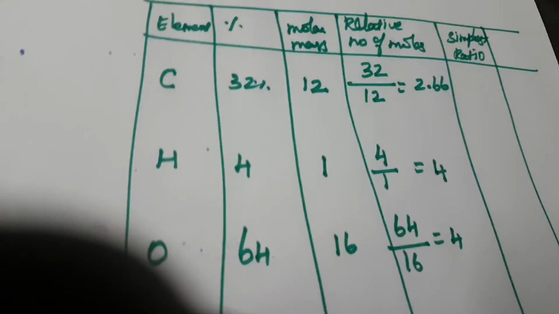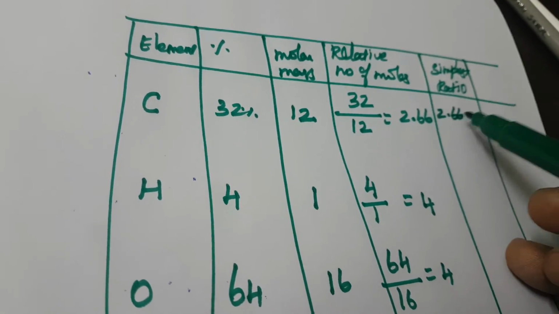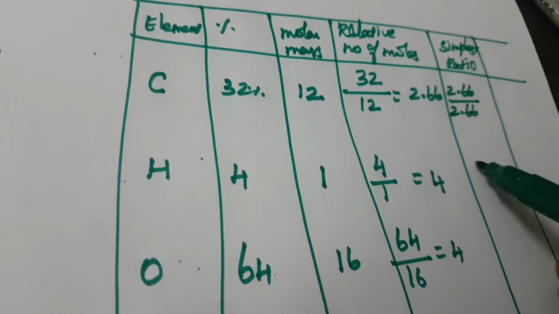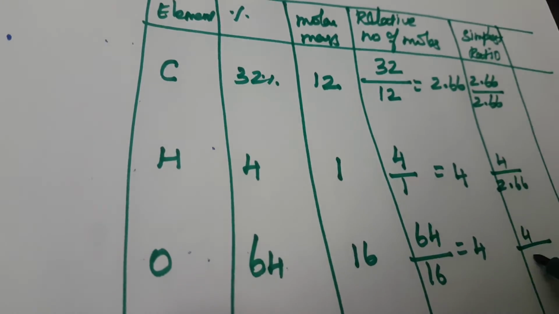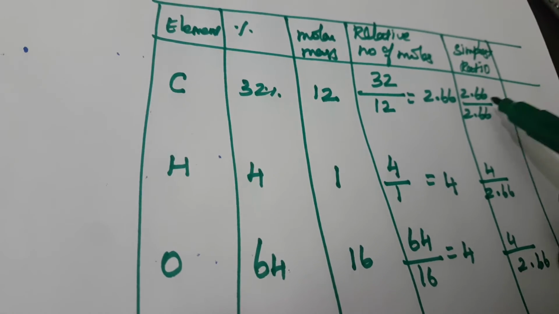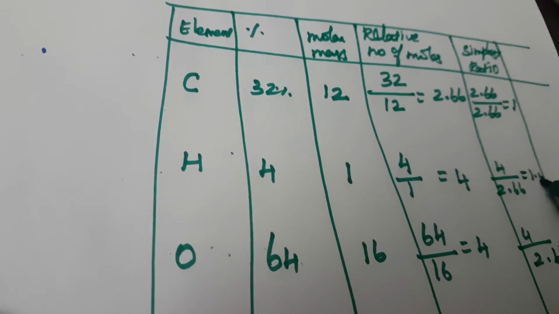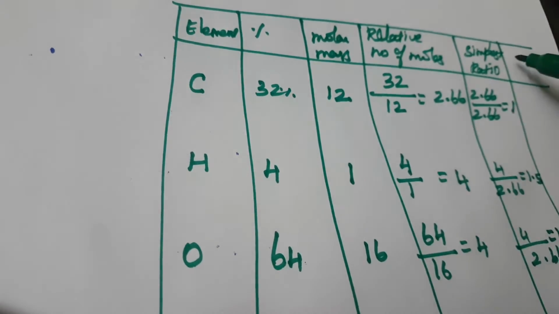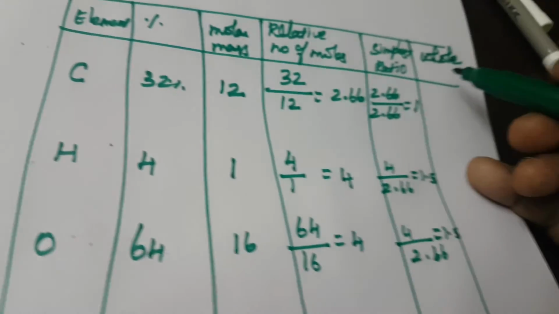We divide by 2.66, the least number. 2.66 divided by 2.66 becomes 1. 4 divided by 2.66 becomes 1.5, and this also becomes 1.5. Next is the whole number ratio. We want only the simple whole number ratio.